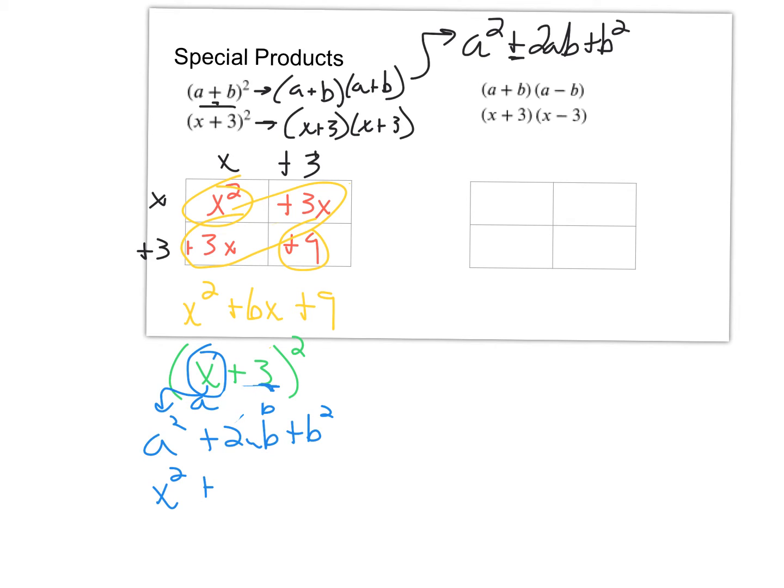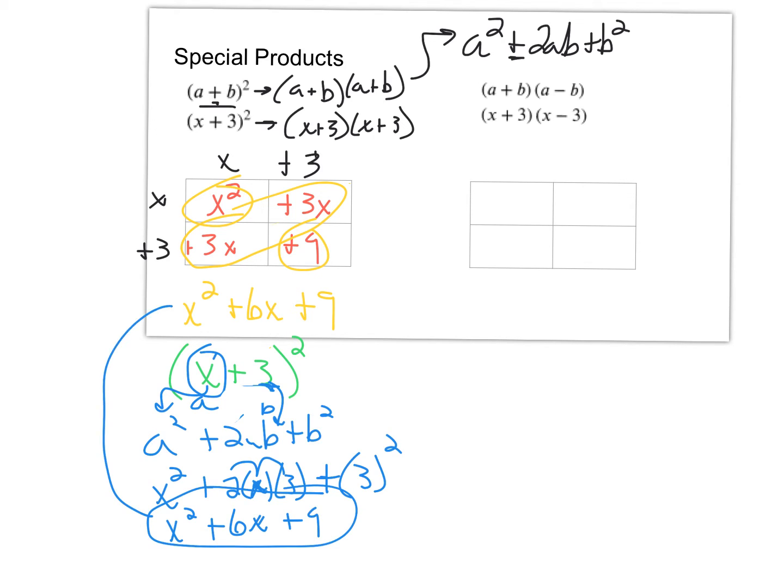Kind of screwed this up a little bit here. Let me fix that. So if I put the 3 in for b, I'm going to have 2 times x, because a is my x, and b is my 3, plus, and then we're going to take our b, which is 3, and square it. What happens? x squared plus 6x, because I multiplied 2 times x times 3 is 6x, plus 9, which is what we got in the first place.